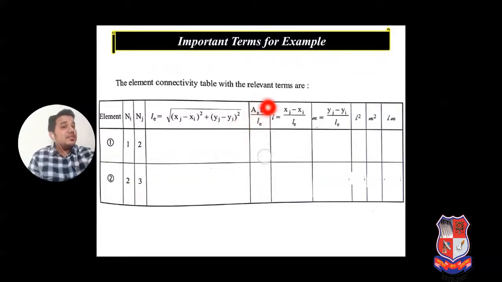This is particularly for the stiffness. Here we directly find the stiffness by AE upon LE for each and every element.